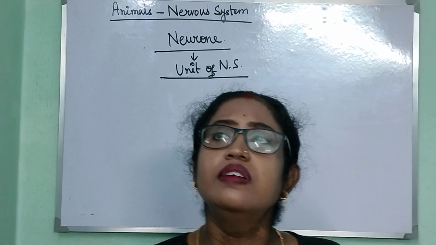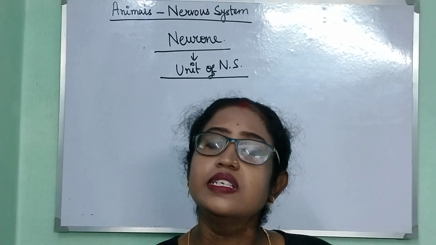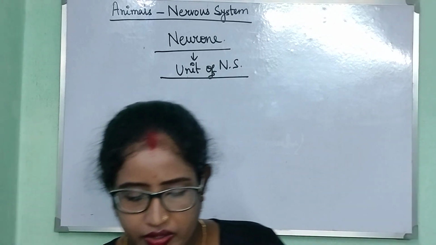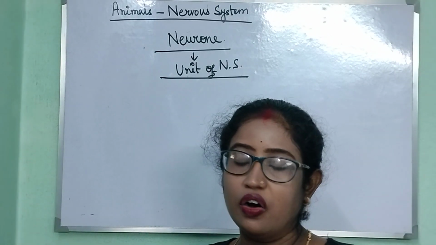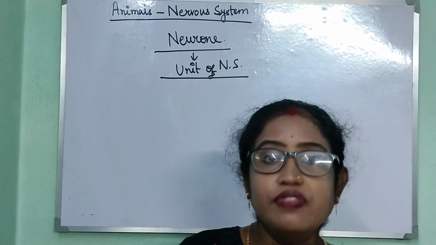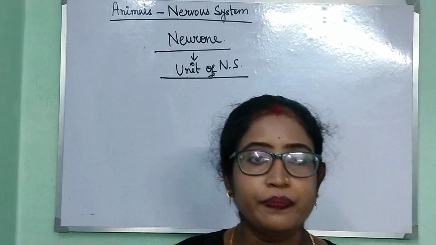There are different kinds of neurons present in the animal body as well as in the human body. The neurons together perform a similar function to respond against various stimuli.